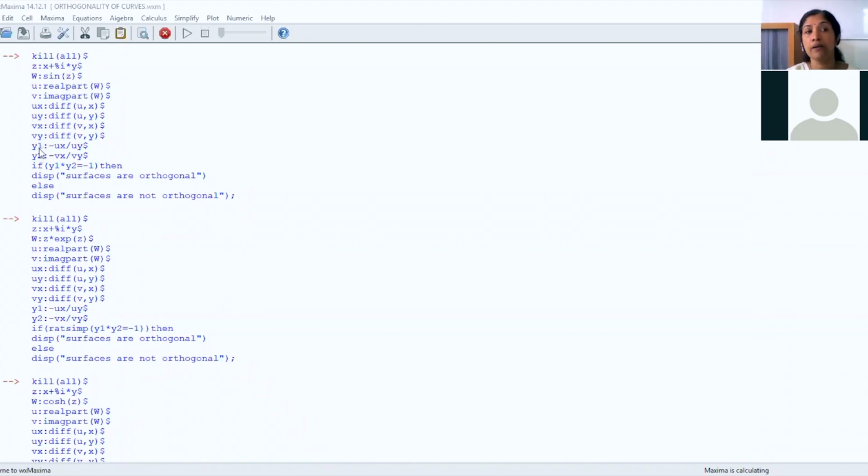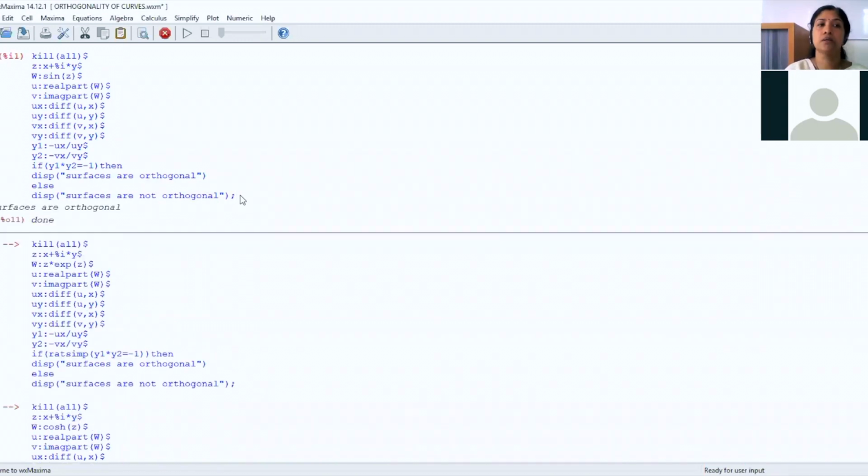Then we find dy by dx, that is m1 into m2, for the two curves. Then we multiply them and our output should be -1. If the output is -1, the surfaces are orthogonal. Okay, so now we'll have a look at the result. If it is true, you will get the surfaces are orthogonal.